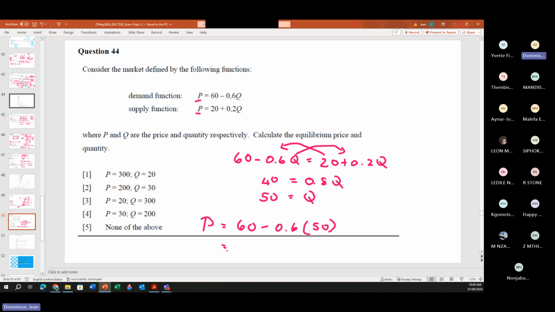If I subtract that from 60, P is 50. Okay, so the Q in this instance was wrong. So here would have been none of the above.